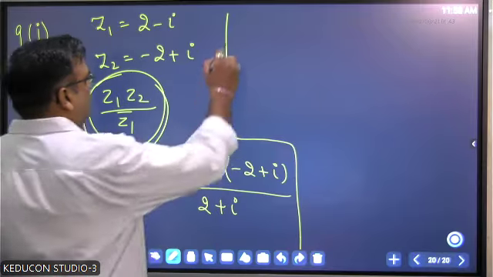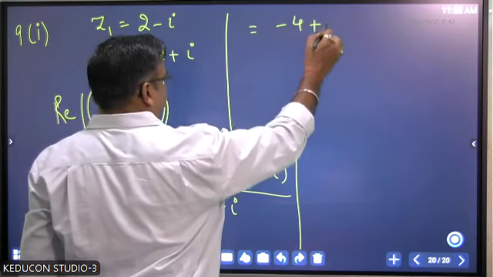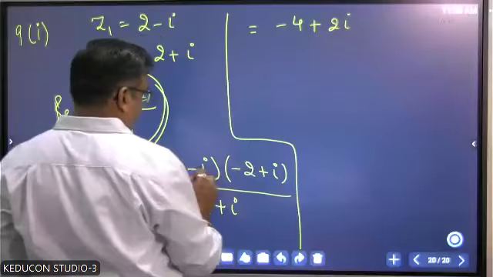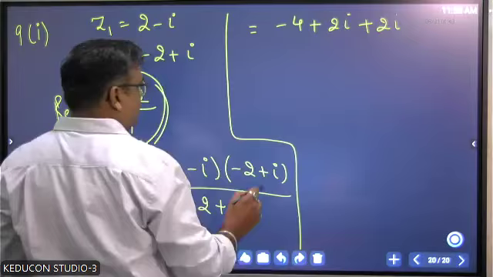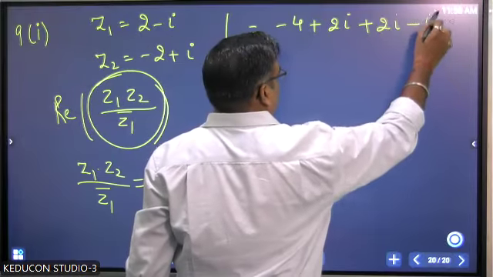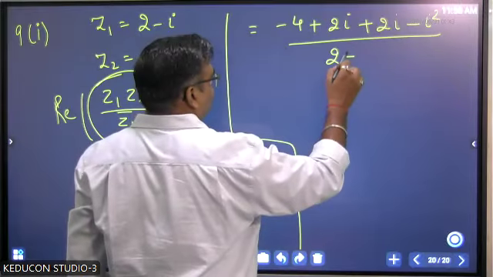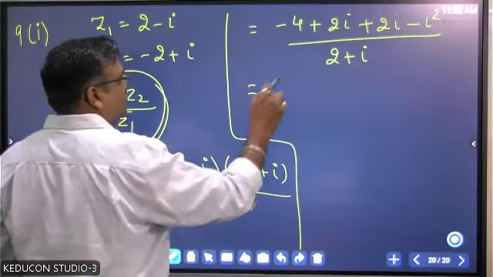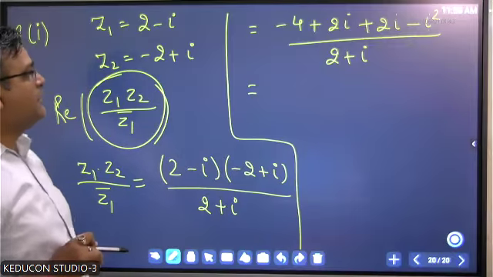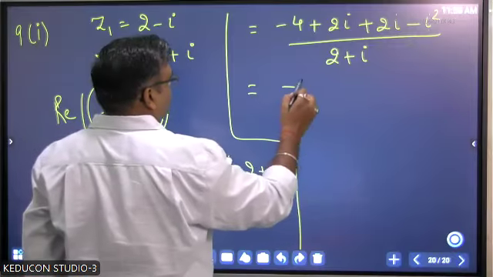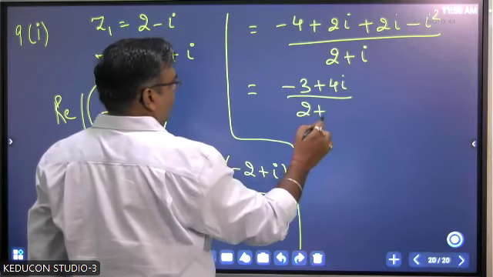When you solve this, it becomes minus 4 plus 2 iota plus 2 iota minus iota square, divided by 2 plus iota. So this will become minus into minus 1 plus 1. So minus 3 plus 4 iota divided by 2 plus iota.